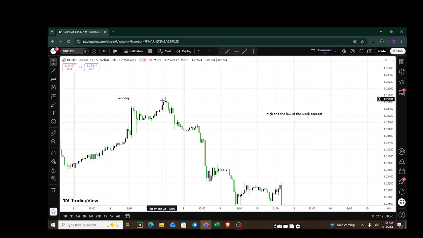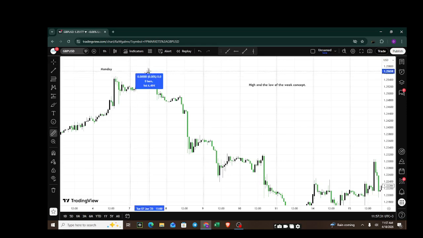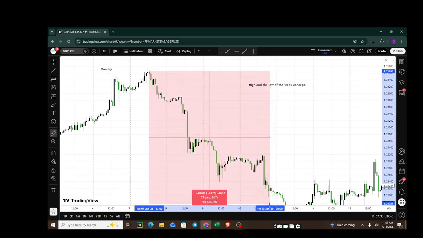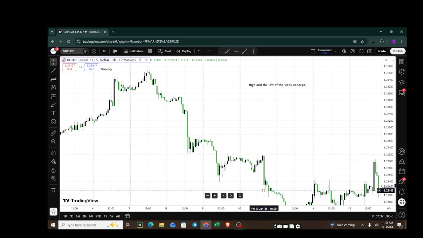So our high of the week from 6th January to 10th January, our high of the week was formed on Tuesday, and price went over and delivered over 394 pips in total. Let's say 400.